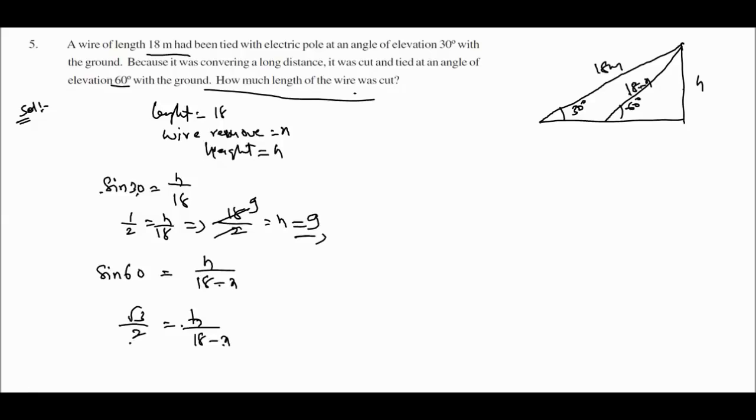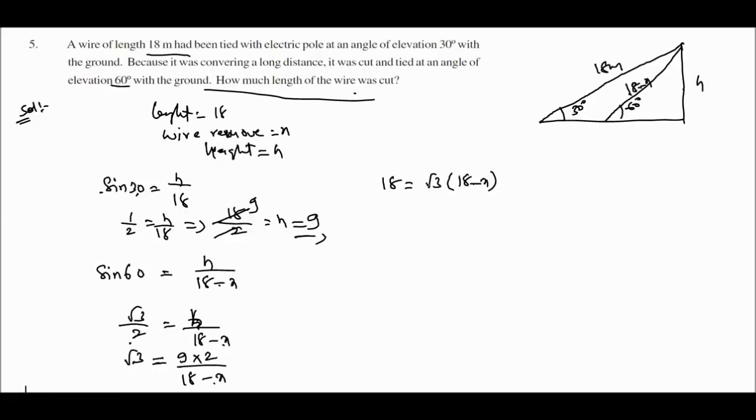Here h is equal to 9. So root 3 is equal to 9 into 2 by 18 minus x. So 18 is equal to root 3 into 18 minus x.